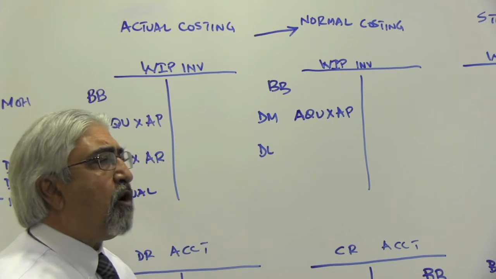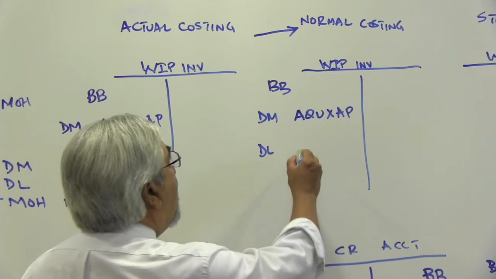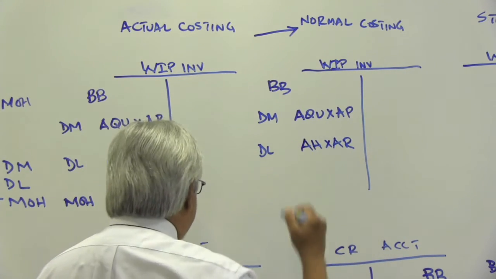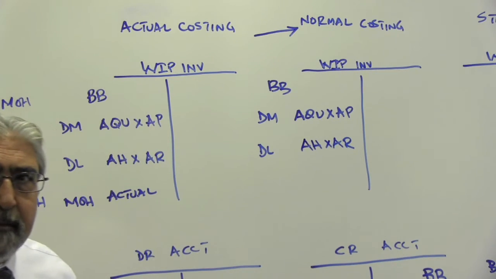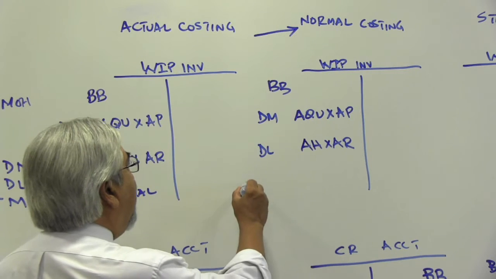Just like actual costing, in normal costing, we will debit work in process for direct labor costs, which are actual hours times the actual rate. But when it comes to overhead, there is a big distinction.